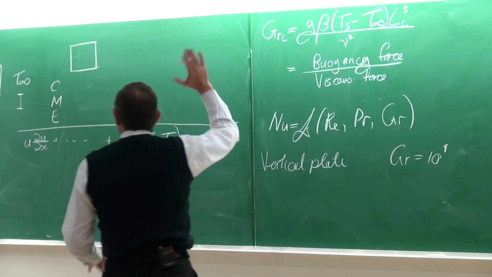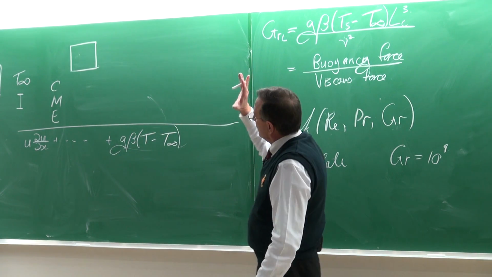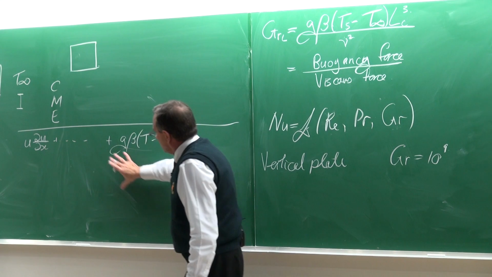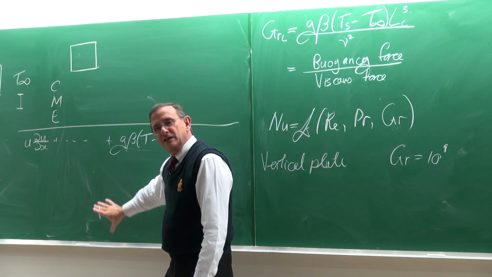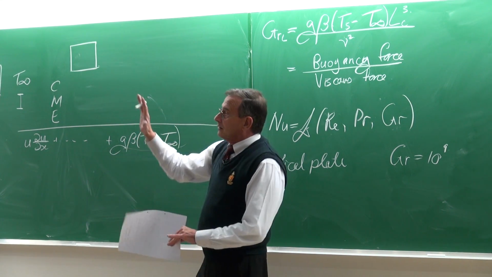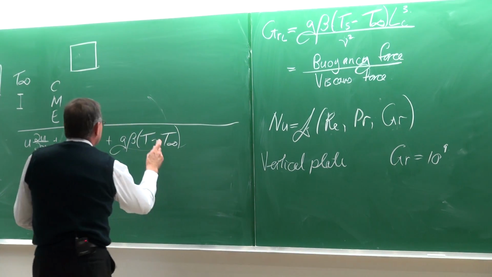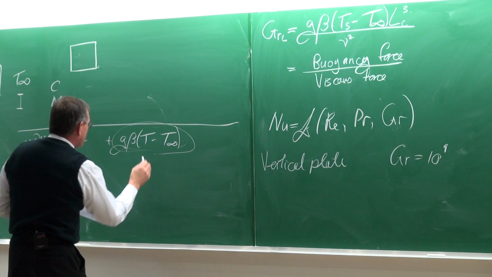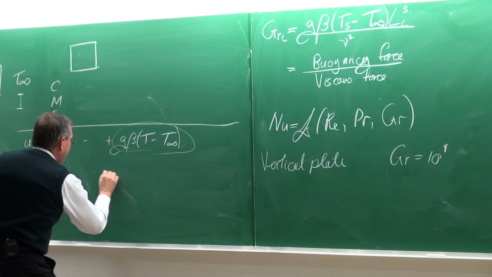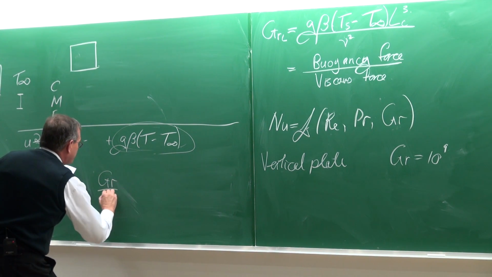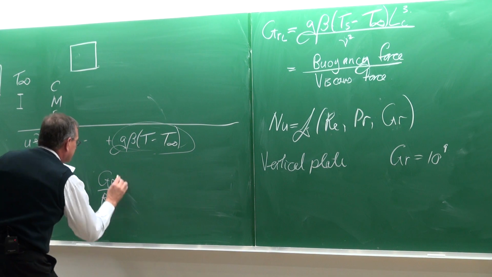Now, unfortunately, and that is very unfortunate with the PowerPoint, there is also some more detail in the equations here which we don't have time to write down now. But in these equations, we are going to have a Grashof divided by Reynolds squared.